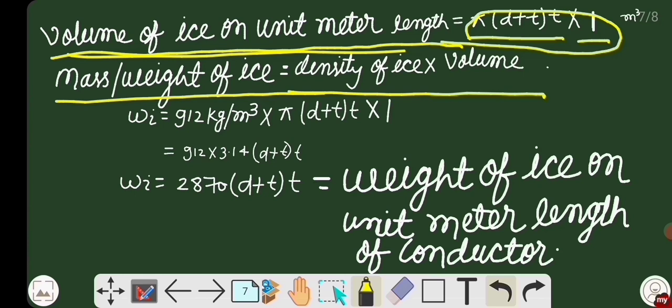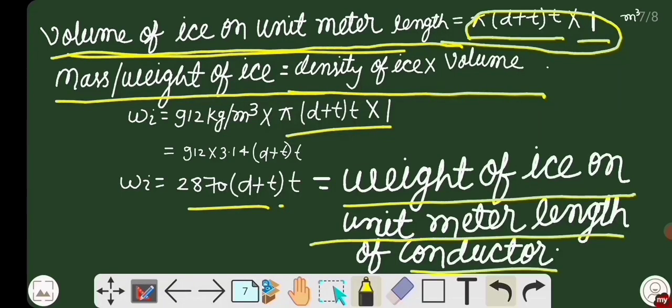The density of ice is 912 kg per meter cube, and the volume of ice per unit length of conductor is pi into (d plus t) into t into 1. So after calculating this, the value of 912 pi (d plus t) into t is the weight of ice on unit meter length of conductor.